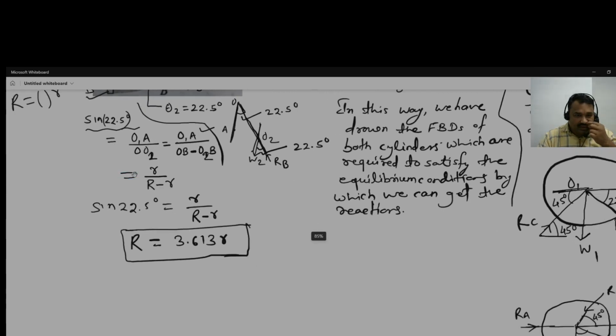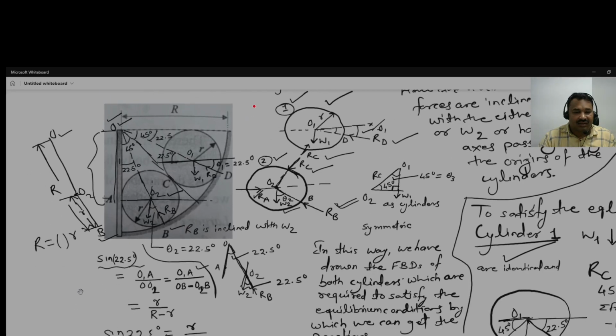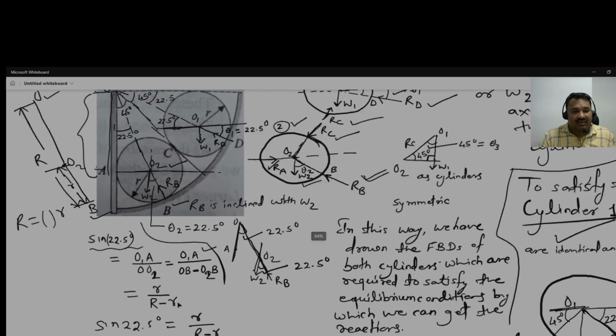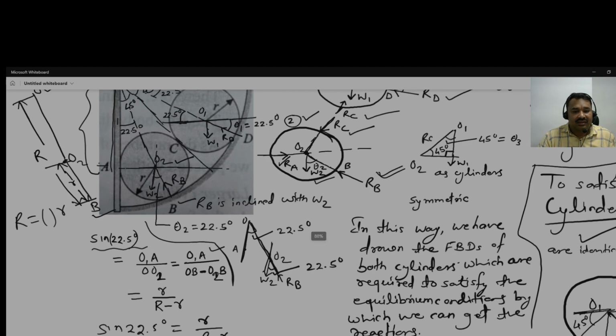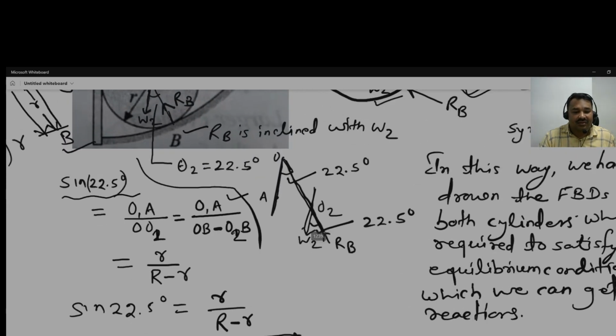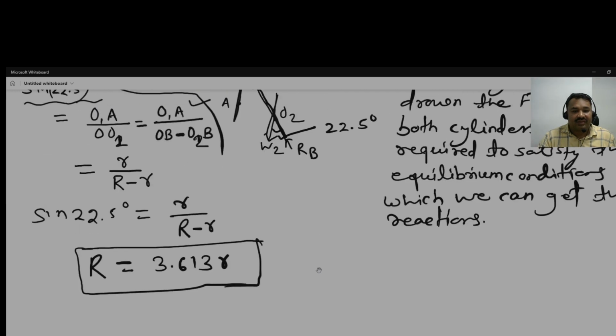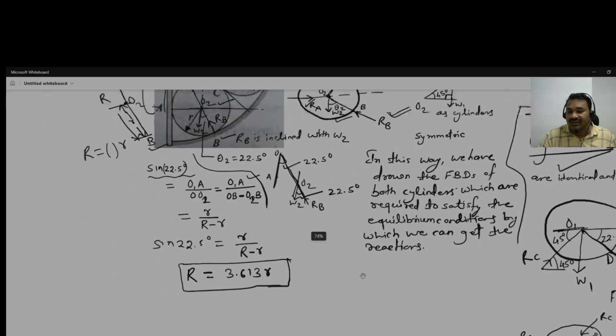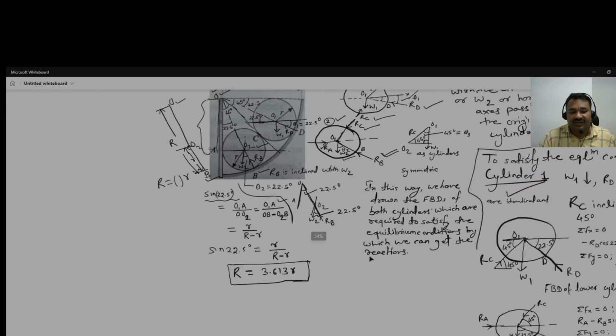So with the help of this figure, we can get this answer, means capital R is equal to 3.613 small r. So in this way we have done this question. Thank you.